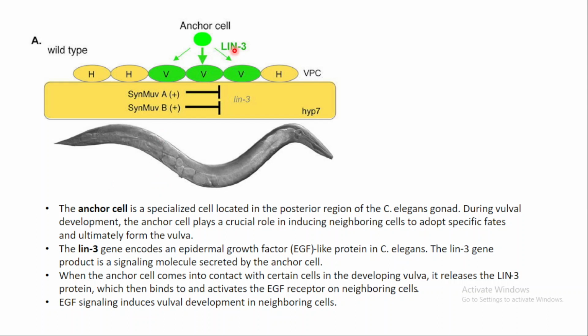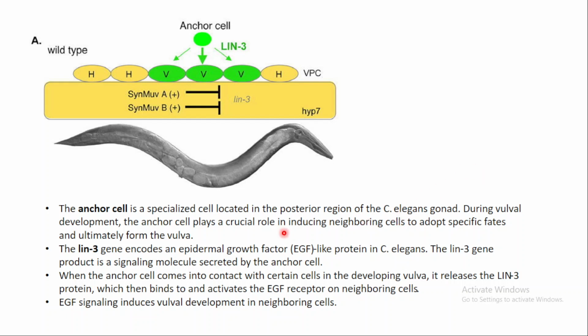One of the major important factors is Lin3. The Lin3 gene encodes an epidermal growth factor like protein in C. elegans. If you remember, there are many signaling pathways which are very important for vulval development, and one of the most important is the EGF, or epidermal growth factor like, pathway, which with the help of RAS, RAF, MEK, ERK signaling produces the vulva.